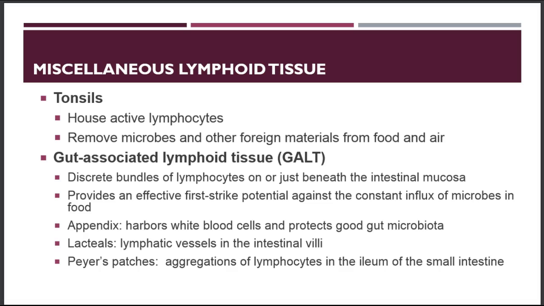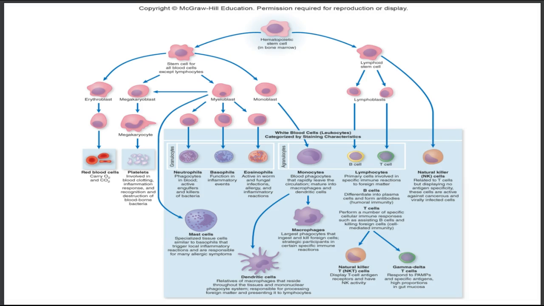So the small intestine is composed of long finger-like projections called villi, and each of those villi includes a lacteal or a lymphatic vessel. And then the final component of GALT are the Peyer's patches, and these are aggregations of lymphocytes in the ileum of the small intestine.